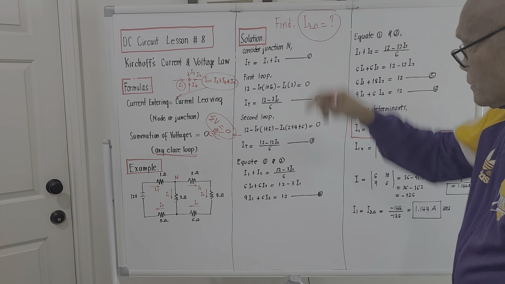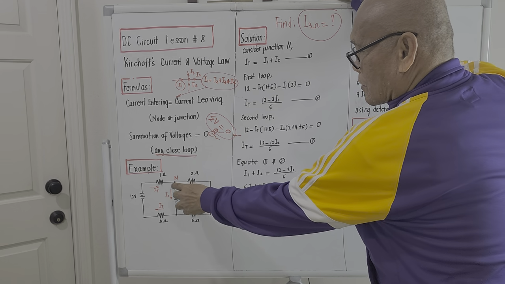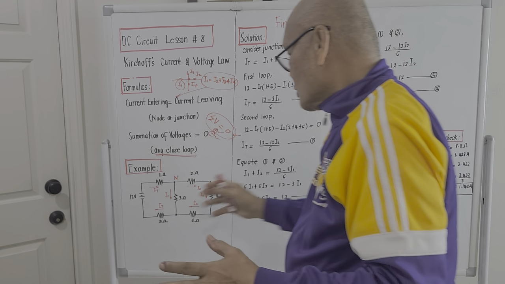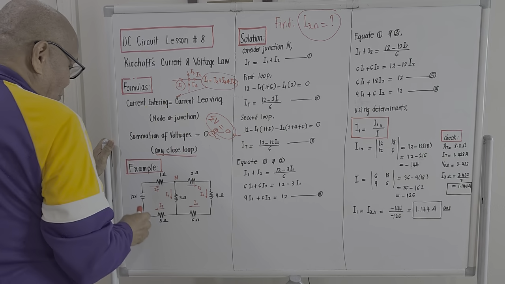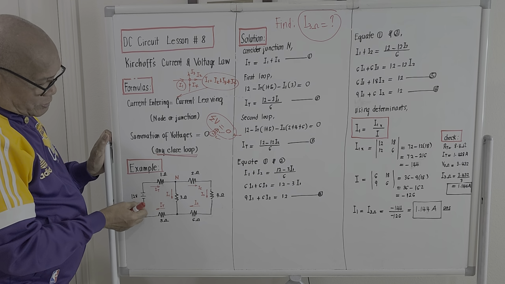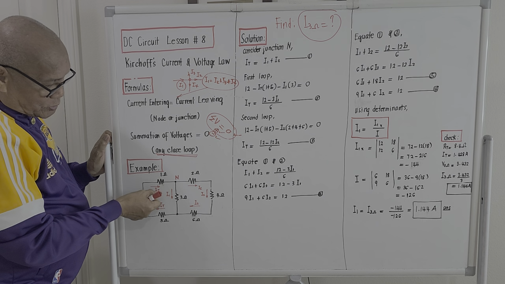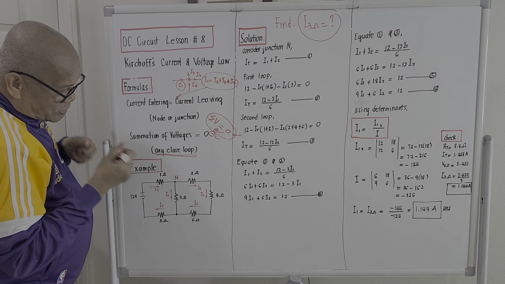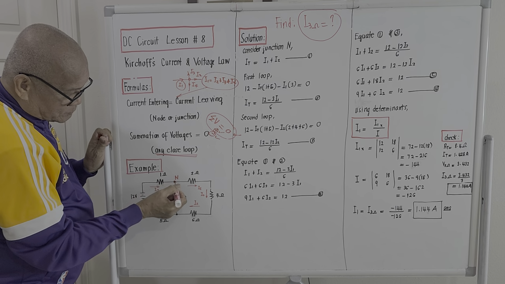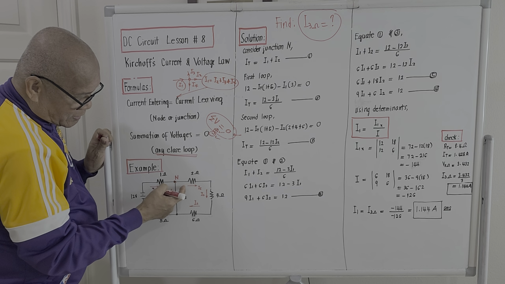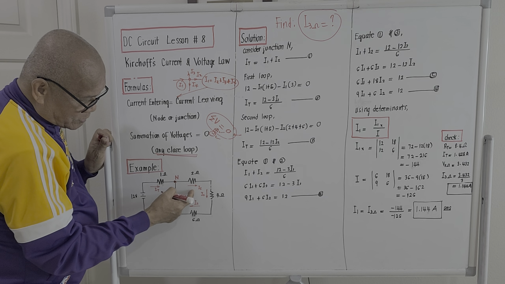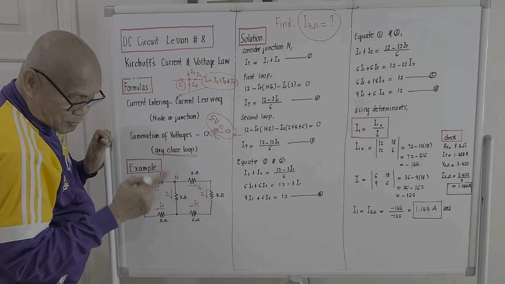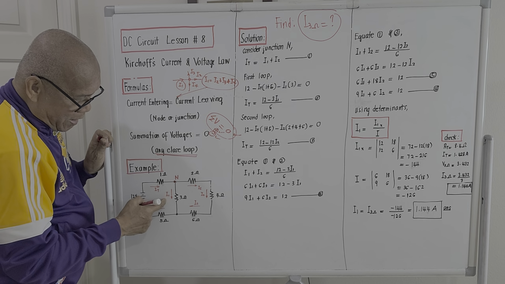Consider junction N. I designate this junction or node to be N. And I place the designation of the current. Let's go back to the circuit. The total current emanating from the 12 volt source is designated capital letter I with the subscript T. Current going out here, this is a junction, right? I designate the current going here to be I sub 2. And the current passing through the 3 ohm load, I designate for the meantime as I sub 1.